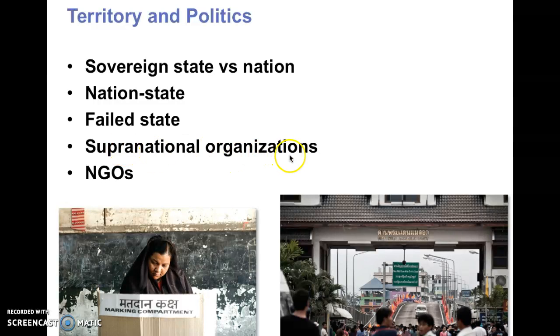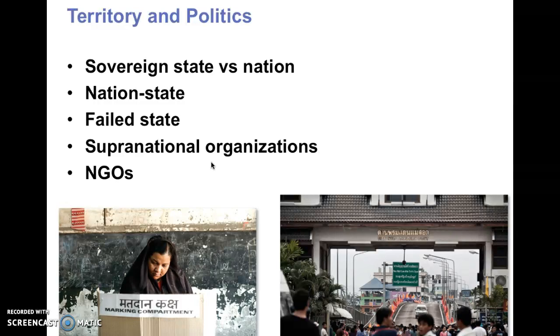Supranational organizations, those are things like the WTO, NAFTA, European Union, NATO, United Nations. The thing about supranational organizations that I want you to keep in mind is that, generally speaking, they are not elected.